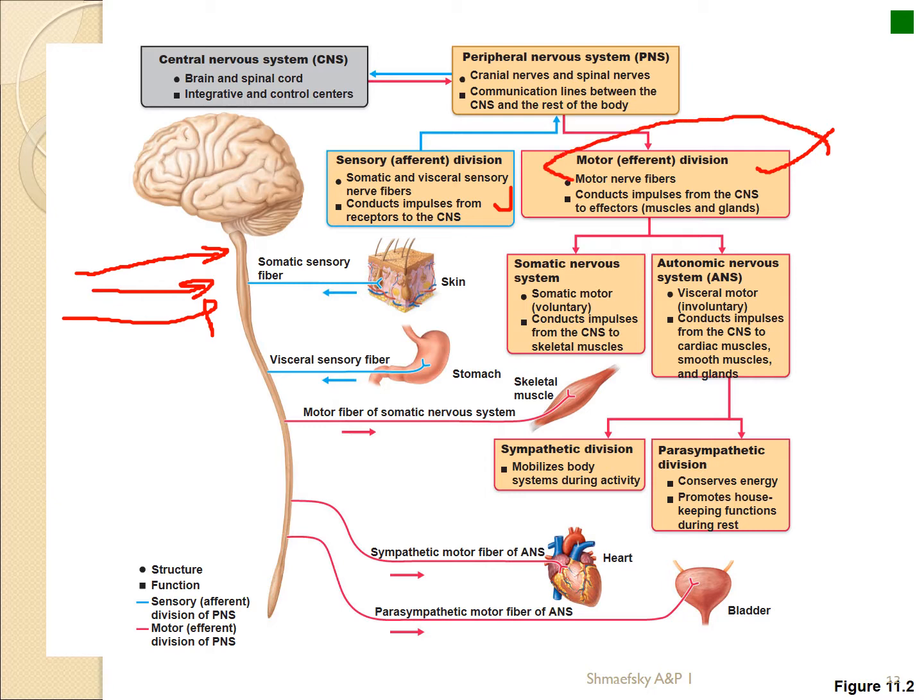Then the outgoing or motor information involves what we call somatic and autonomic nervous system motor information. The somatic, again, is going to be voluntary structures like organs, okay, and muscles. And then there's the autonomic, which is going to be your visceral mostly. So we're going to be controlling internal body organs. And then that is interpreted into sympathetic or parasympathetic.